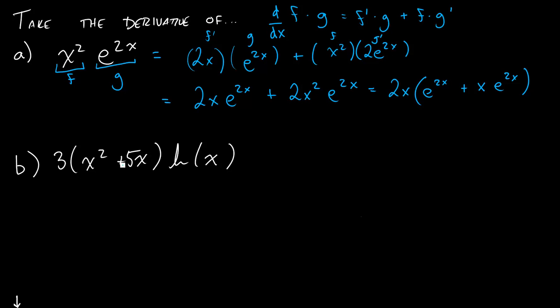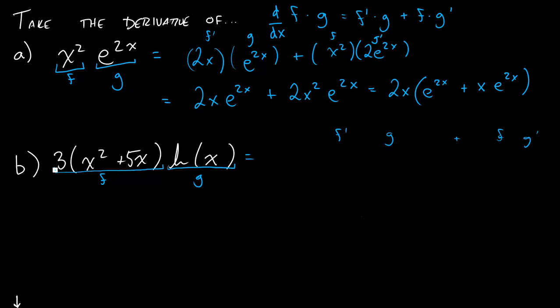With the next problem, let's identify an f and g here. I am going to pick this whole thing as f, and this whole thing as g. Our formula, just to remind ourselves, is f prime g plus f g prime. We'll start with f prime.